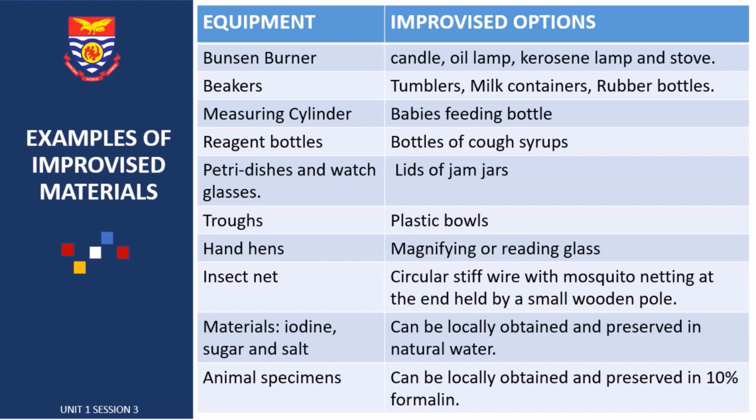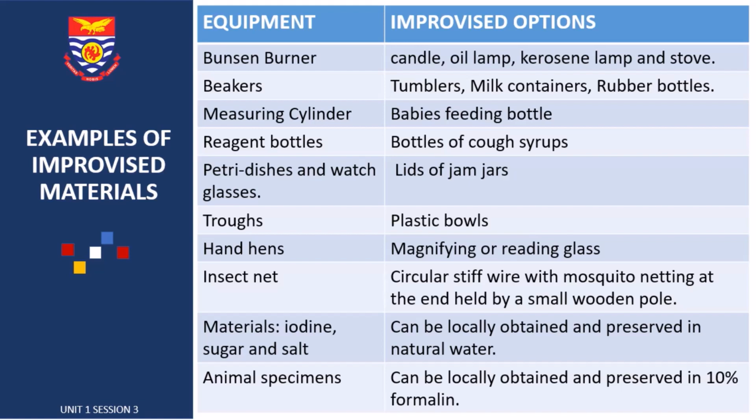For the insect net, take a circular stiff wire with mosquito netting at the end, held by a small wooden pole. You use mosquito netting, then use a wire, and then you join it with a wooden pole or a piece of wood to serve as an insect net. You have iodine, sugar, and salt.